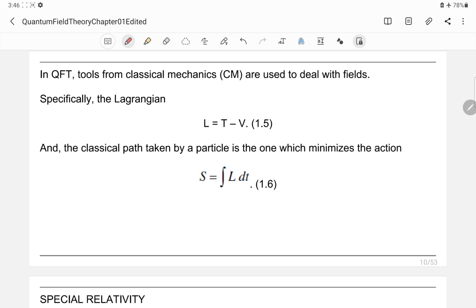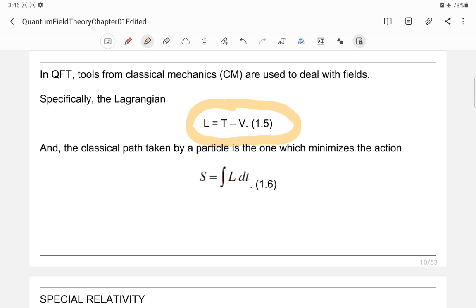In quantum field theory, some tools from classical mechanics are used to deal with fields, like the Lagrangian. However, we'll be dealing with Lagrangian density in quantum field theory, but it means the same thing. So the Lagrangian here is just the difference between kinetic and potential energy of a system.